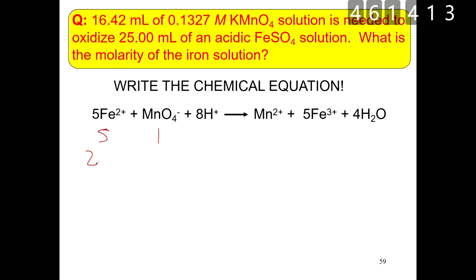Now for this one, we know the volume, right? So it's like 25. And now the concentration, like M, X. And here, the volume 16, and the concentration here.